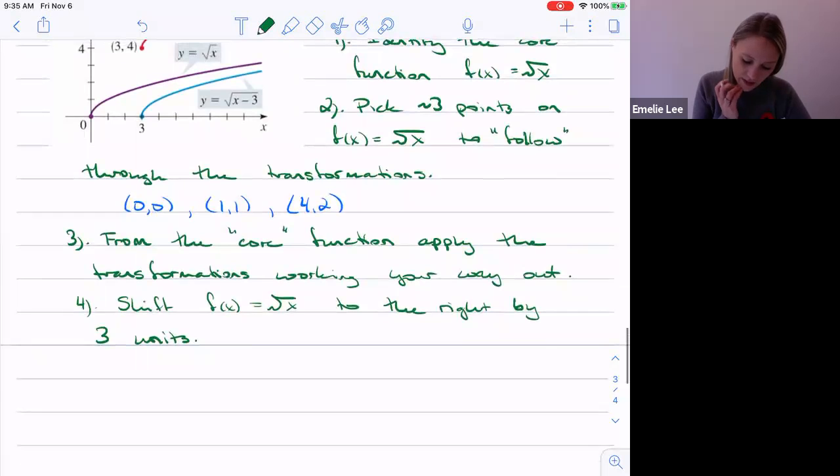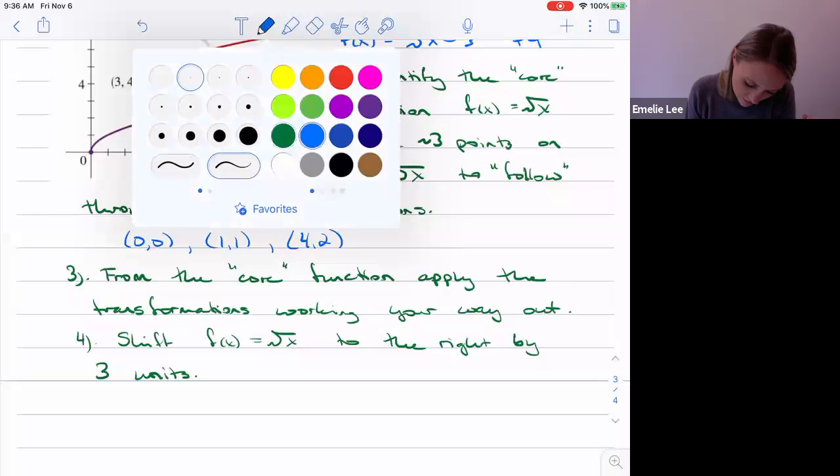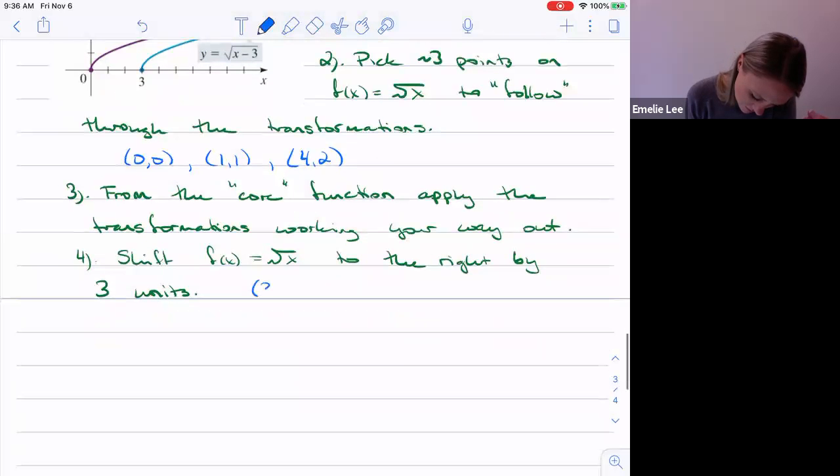Okay. So what happens is each value of x, you add 3, okay? And so 3, 0, that's on here, right? So now you have 3, 0, 4, 1, and 7, 2.